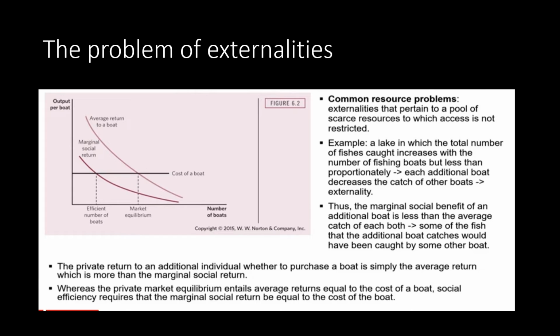So each additional boat decreases the catch of other boats. That is an externality. As you can see here, we have the average return to a boat, then the marginal social return, and here is the market equilibrium. This is the cost of the boat, and this line is the efficient number of boats.